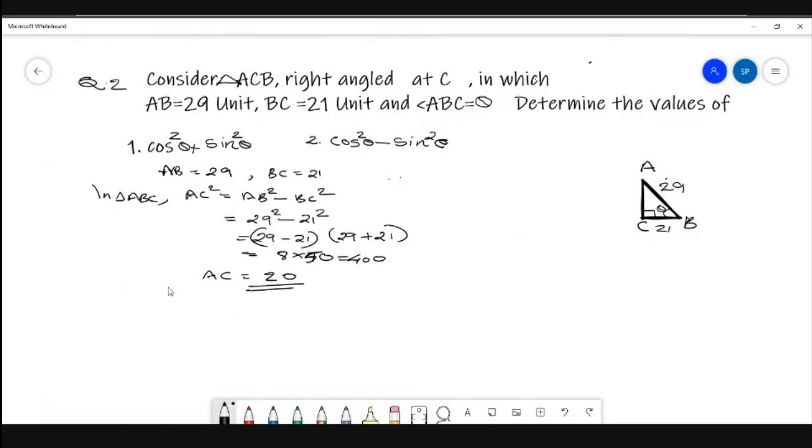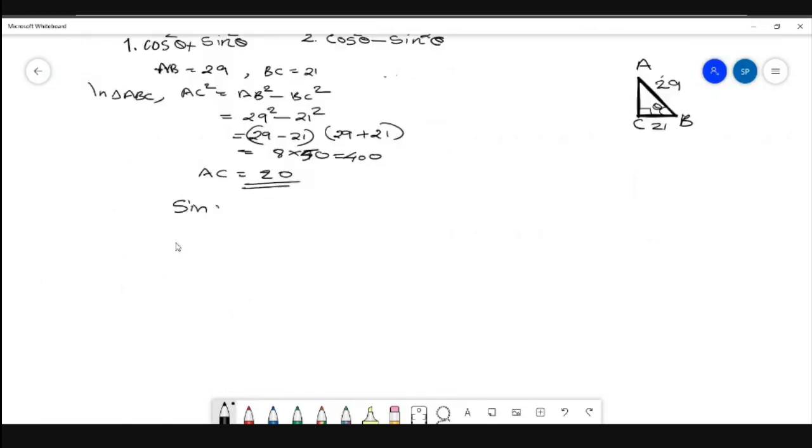So that we can find out sin theta now. We have sin theta equal to opposite side divided by hypotenuse. With respect to theta, the opposite side is AC, the adjacent side is BC, and AB is the hypotenuse.